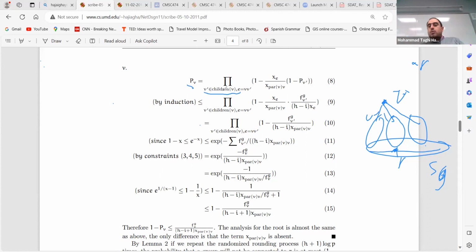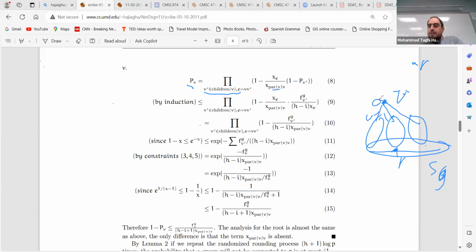So you need to multiply this one, essentially. For each V prime, which is a child, what is the probability that is not connected? So what is the probability that is connected? The probability that is connected would be xe over x parent of V.